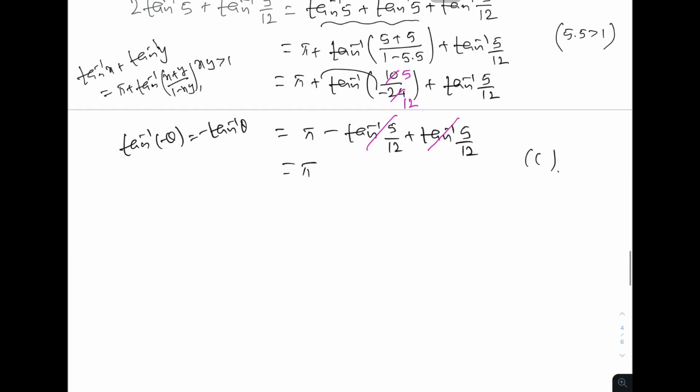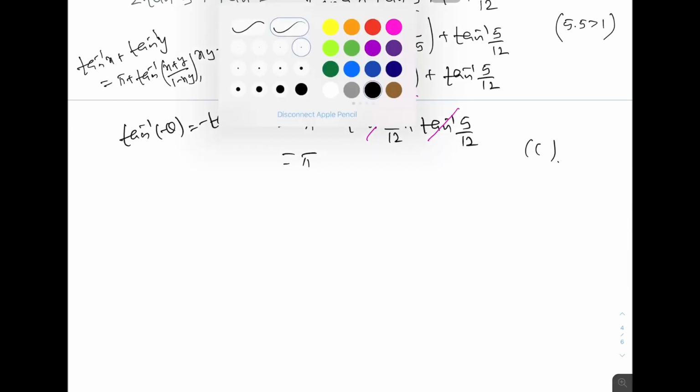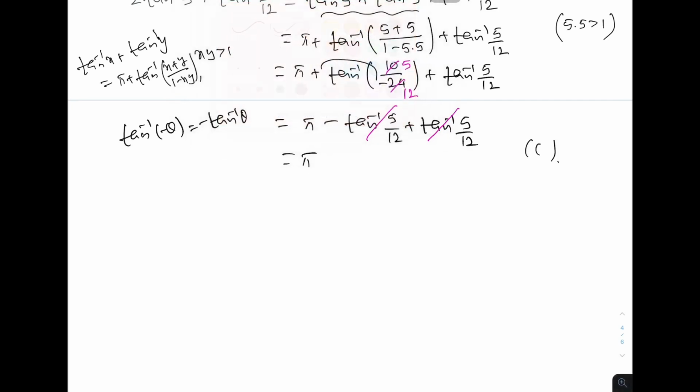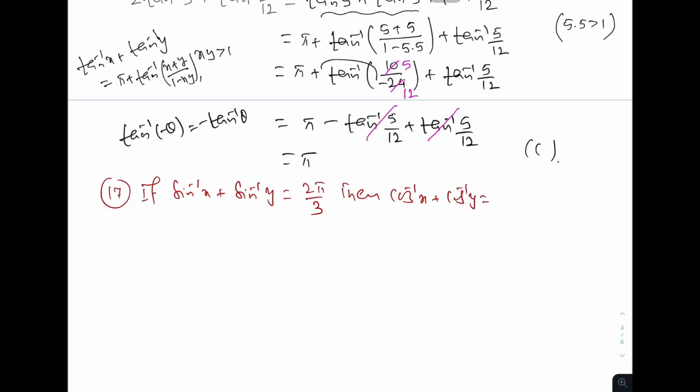Next, let us see: if sin inverse x plus sin inverse y is 2 pi by 3, then cos inverse x plus cos inverse y is blank.